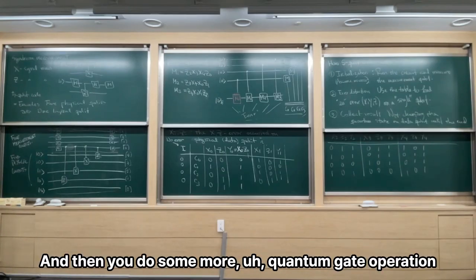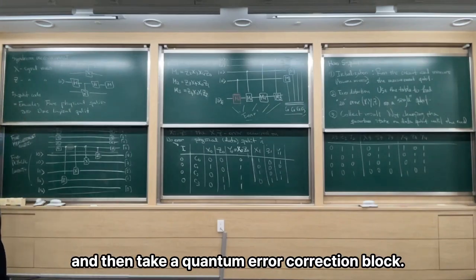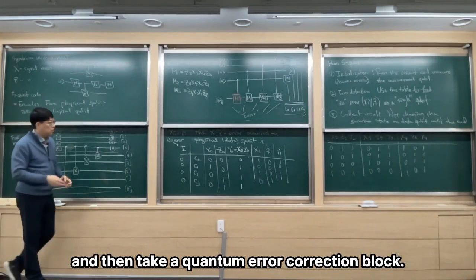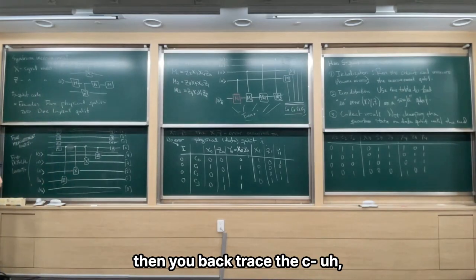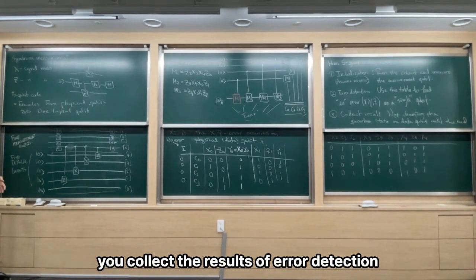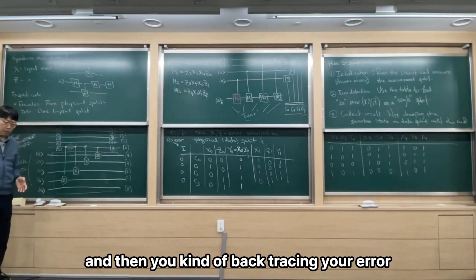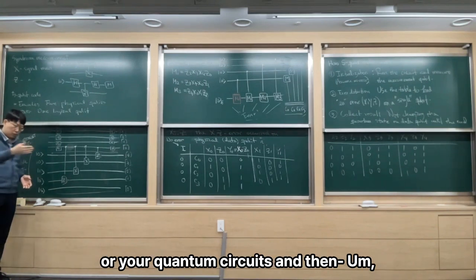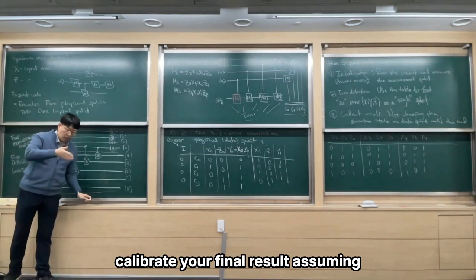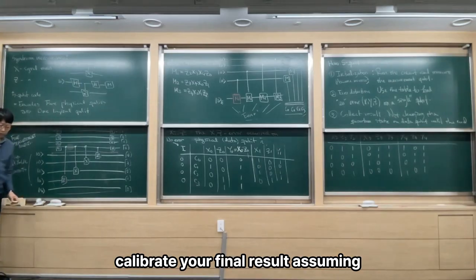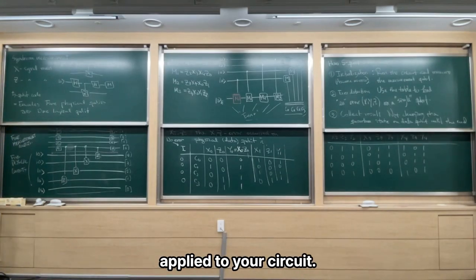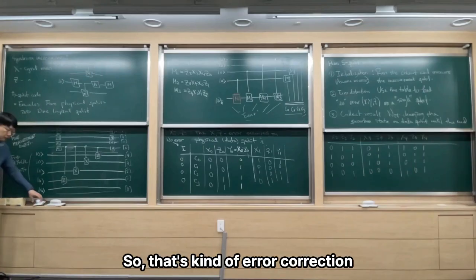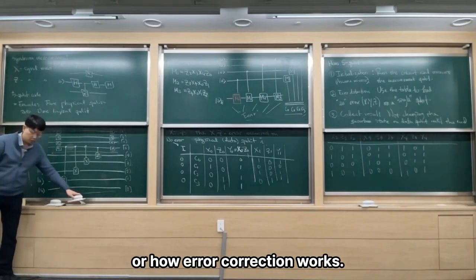And then you do some more quantum gate operations on your logical qubit, and then take a quantum error correction block. And then after your computation is over, you backtrace: you collect the results of error detection, and then you backtrace your quantum circuits, and calibrate your final result, assuming that there was an unwanted gate applied to your circuit. So that's how error correction works.